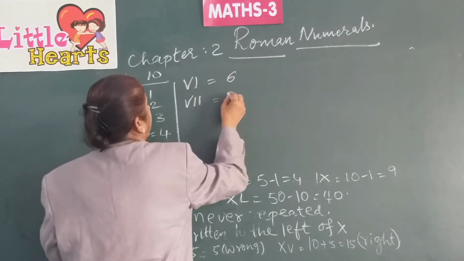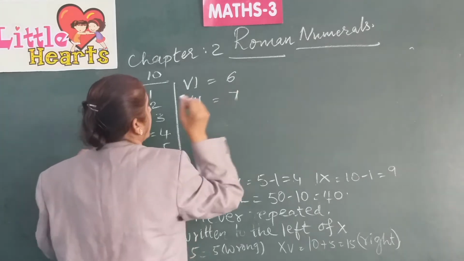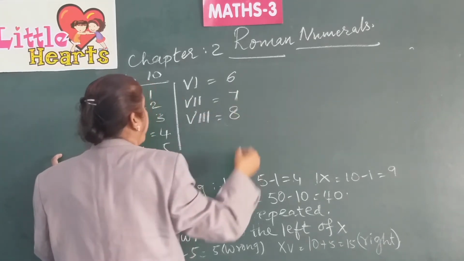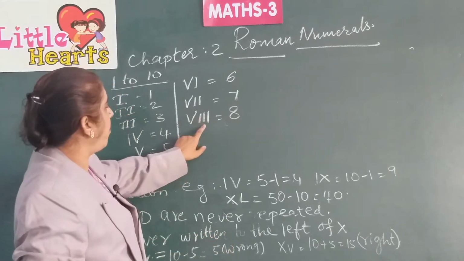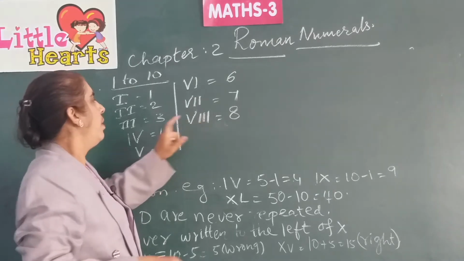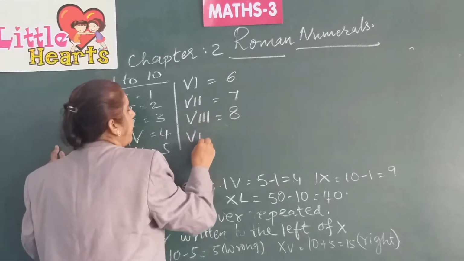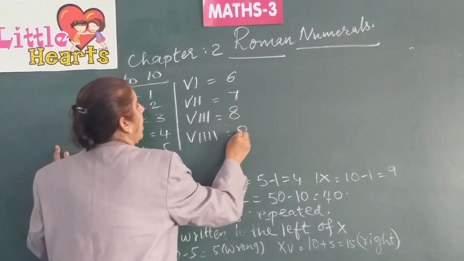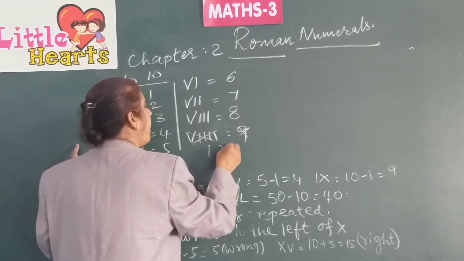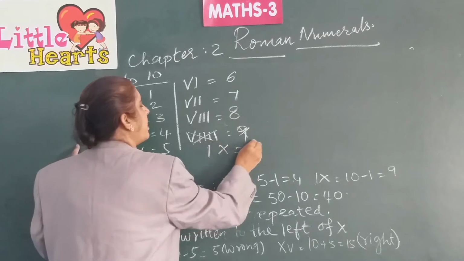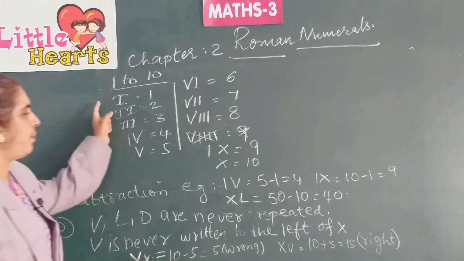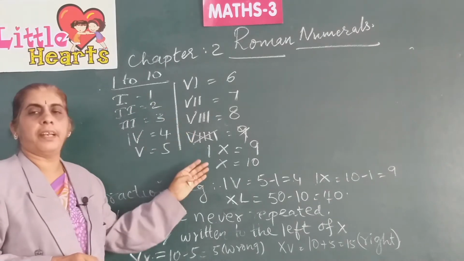VII is 5 plus 2, 7. VIII is 8. Roman numerals cannot be repeated more than 3 times. So, we should not write 9 like this. This is wrong. It should be written as IX. 10 minus 1 is 9 and this is 10.